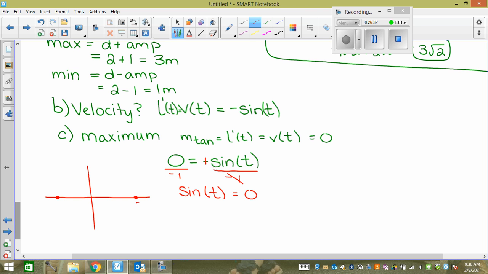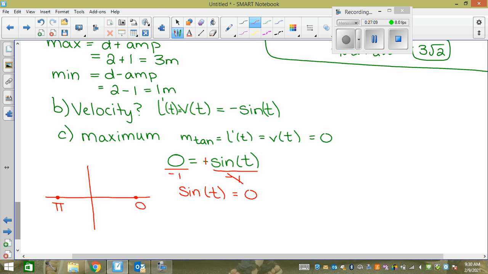At 0 and pi and 2 pi and etc. So we will just say, did they give us a restricted domain? So we just leave it there.